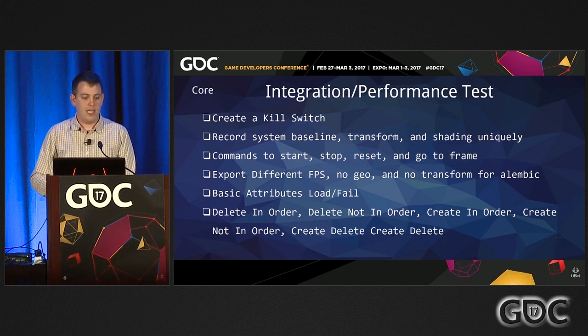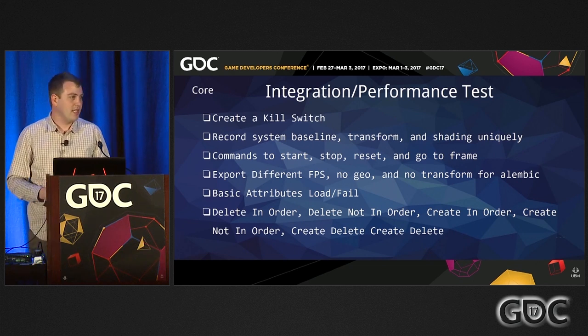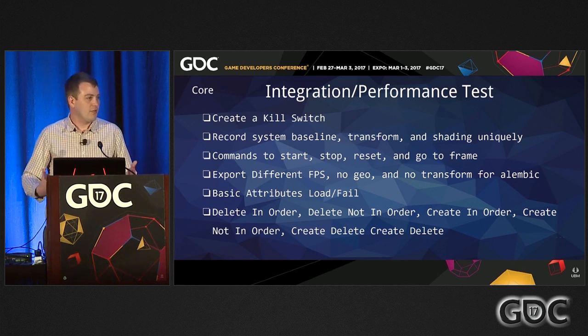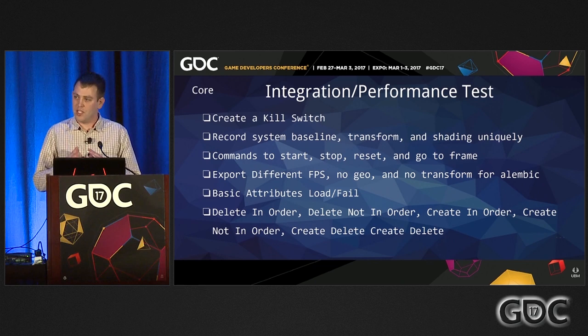The other thing to keep in mind is it's a geometry sequence, so when you want to put it into a sequencer or do testing, have start, stop, resets, and go to frames. And also make sure you test for Alembic because it has varying types of storage format, so it's dynamically compressible. So when you have, say, a static piece of geometry, the whole format will change itself to be the best optimized.